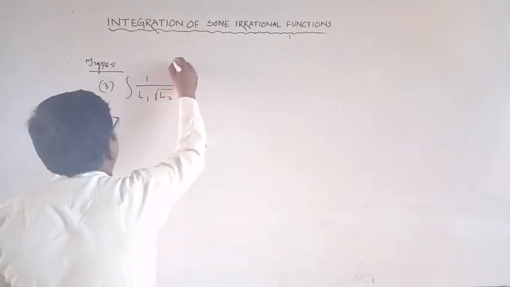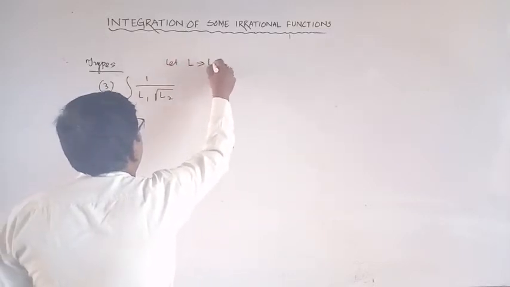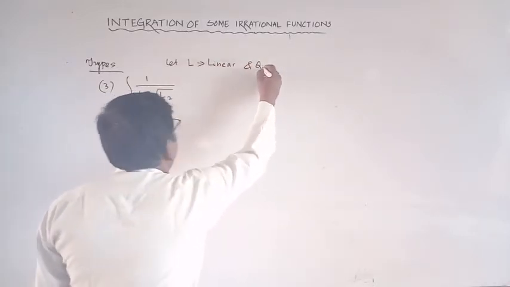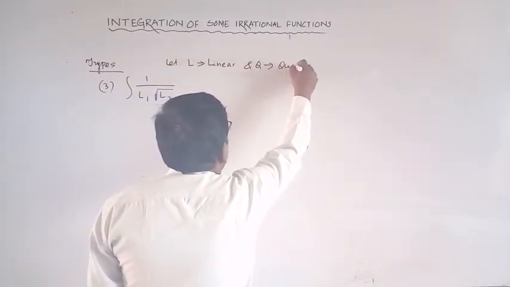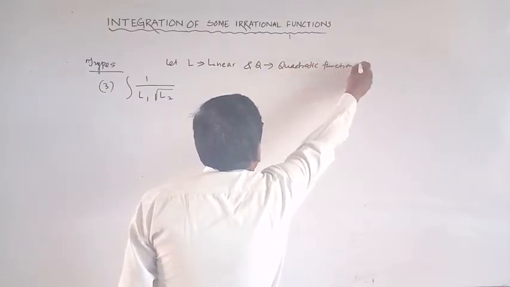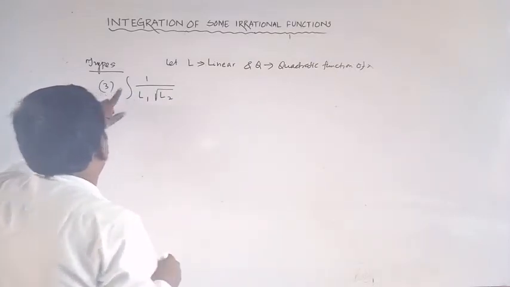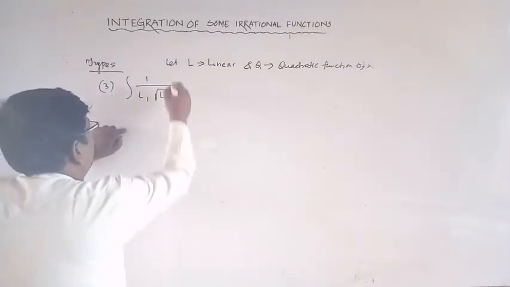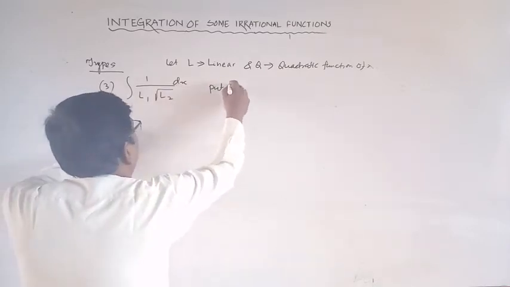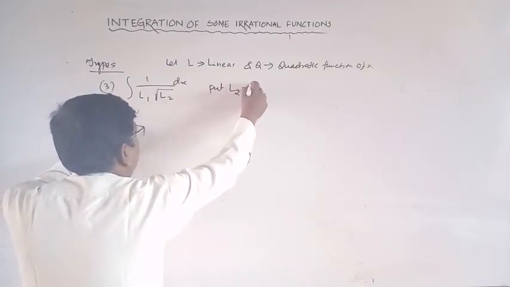Here let L stand for linear and Q stand for quadratic function of x. So for 1 by L1 root over L1 dx, the rule is put the square root part equal to t square, L2 equal to t square.